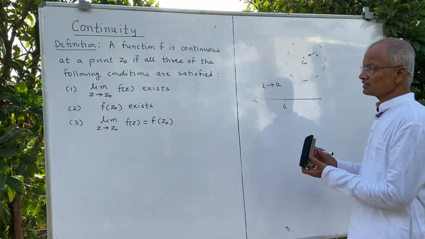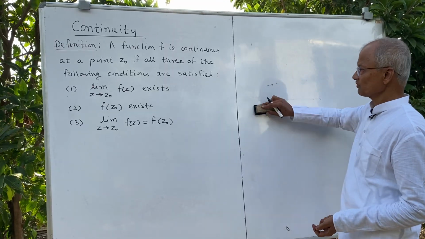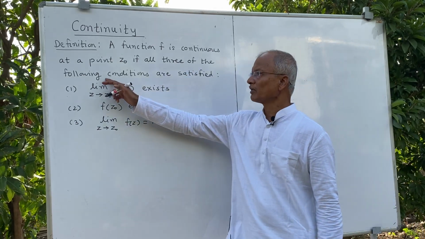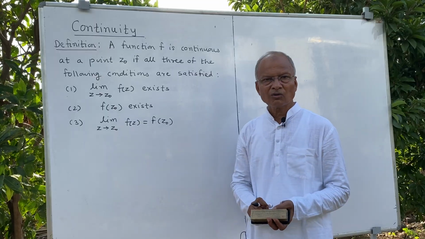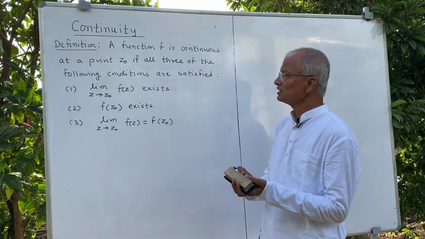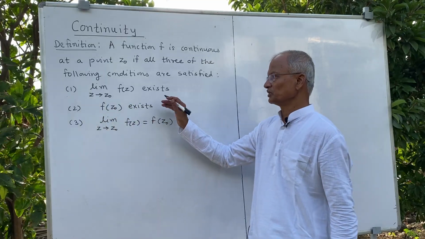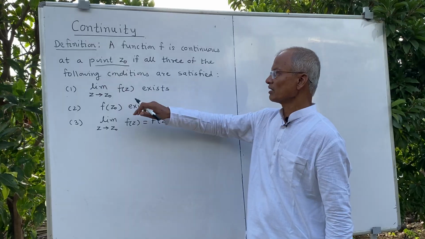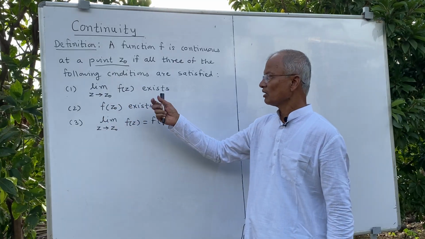So, that is the difference, and here a function f is continuous at a point z naught if all three of the following conditions are satisfied. What are these conditions? The first is that the limit of f of z as z tends to z naught must exist.